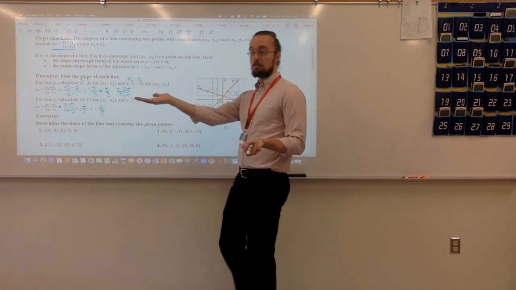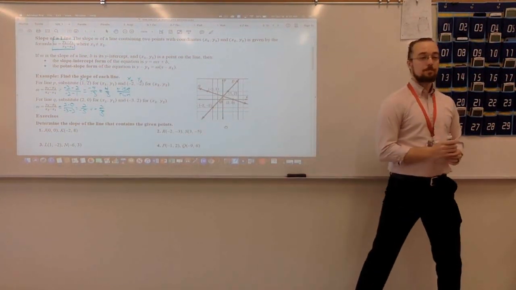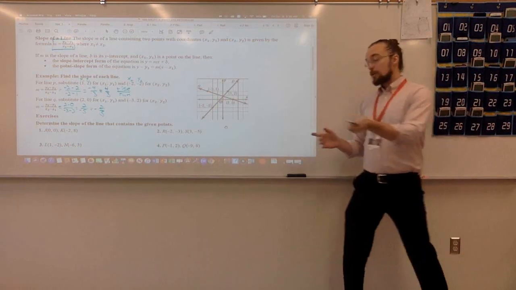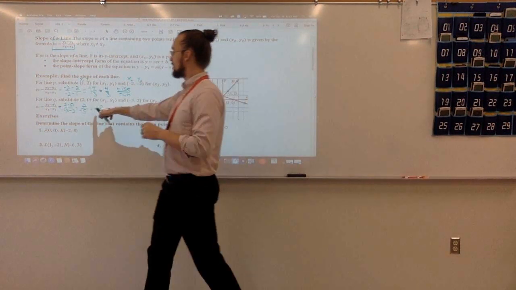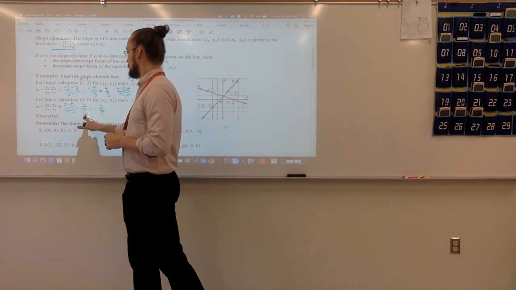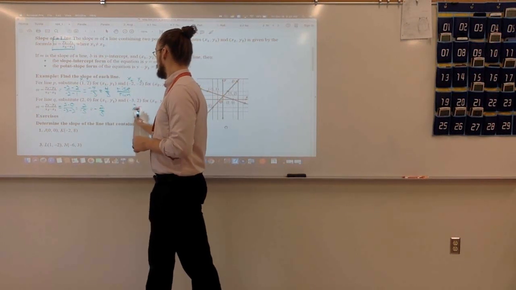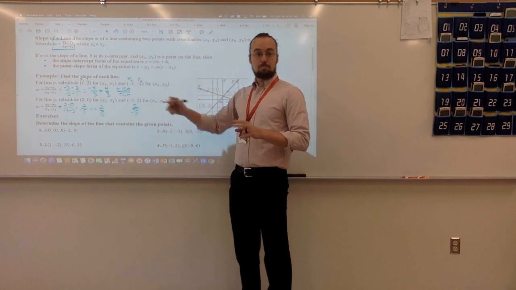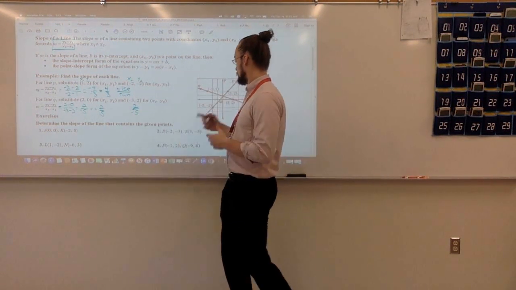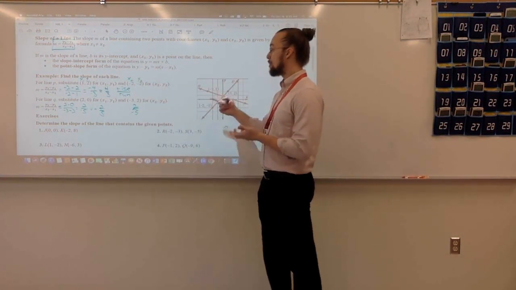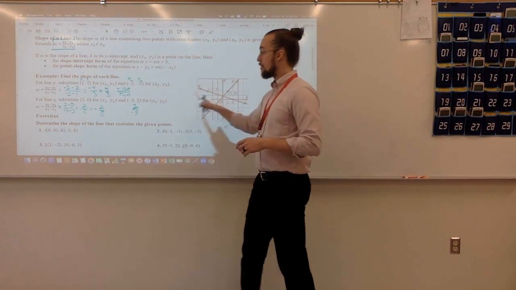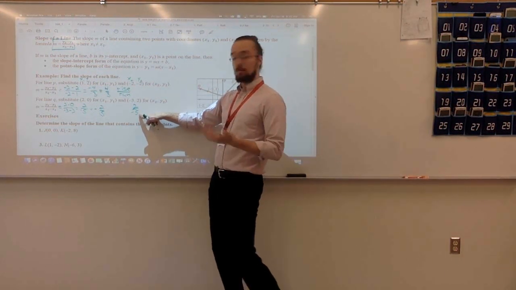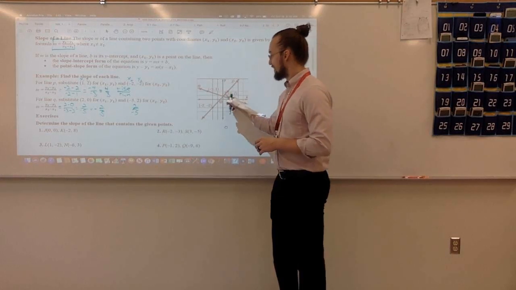But you are correct. Evan said that if we look at this form, 2 over negative 5, since my numerator is positive, we could go up 2, and then the negative run means go left 5.